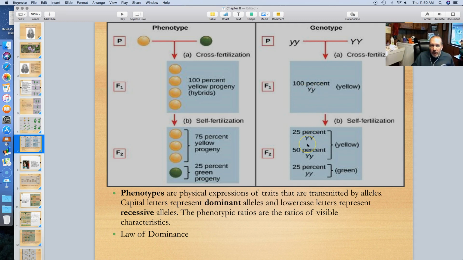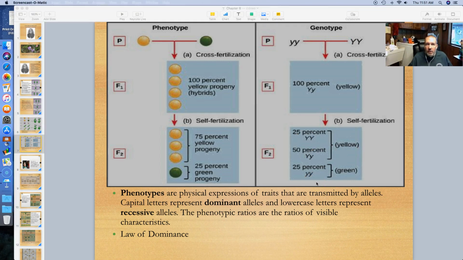But now, again, we have offspring that can have both uppercase y's, in other words, dominant, both lowercase y's, in other words, recessive. But then we can also have a mixture of the two like we did in our F1 generation. And as long as one dominant allele is present, like it is in both of these, then the dominant characteristic is going to express itself, in this case, the yellow color.